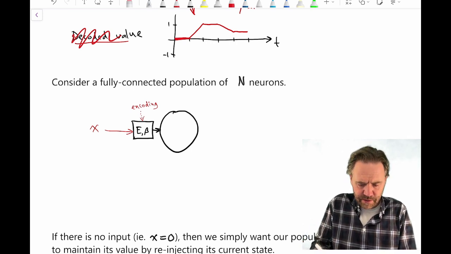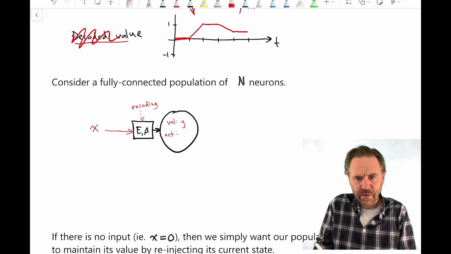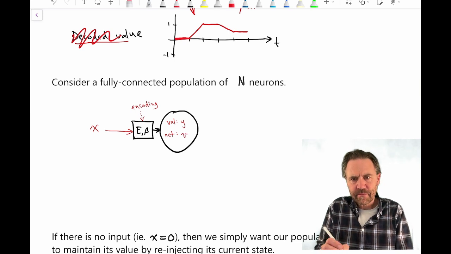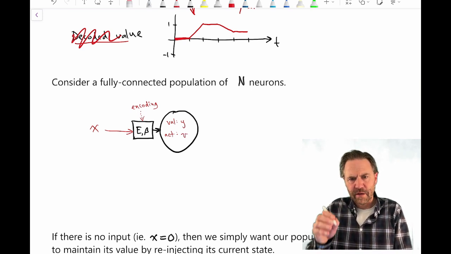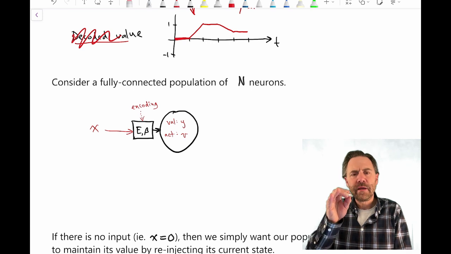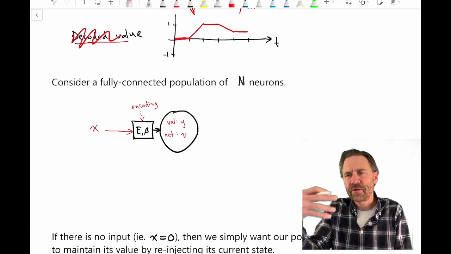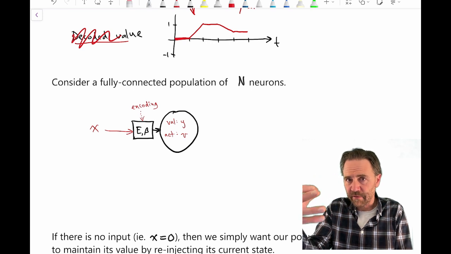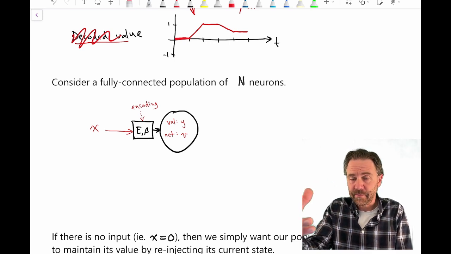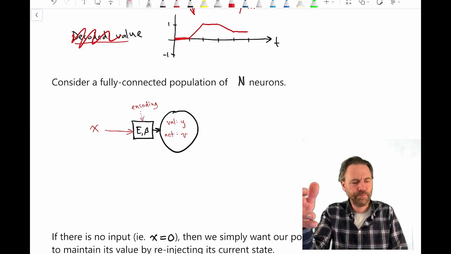Now this population has a value, which I'll call y, and an activity, which I'll call v. So y is the value that's being encoded, the vector-type notion of the vector being encoded. Think back to the population coding video lecture.